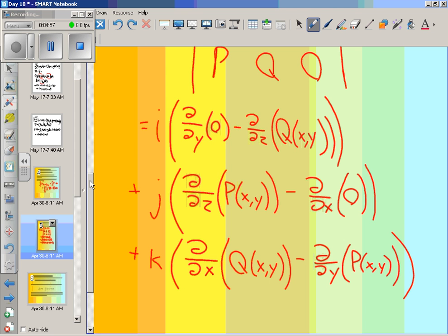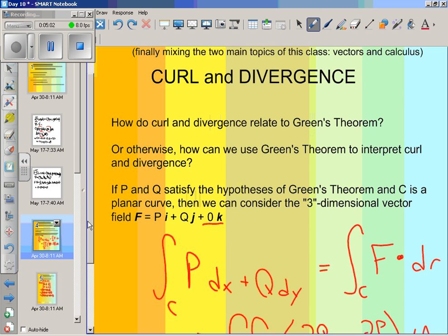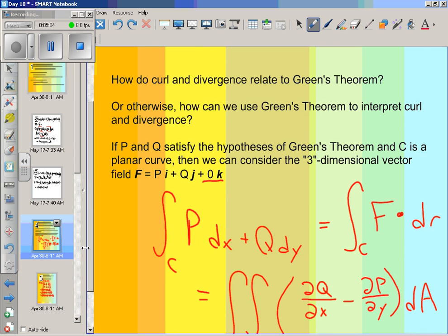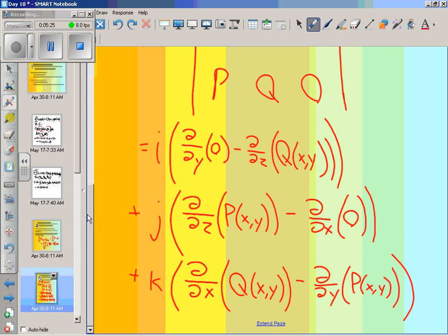Notice that we're assuming P and Q are just in the plane, so P and Q only depend on x and y, because that's part of the assumption of Green's theorem. That's why I use this notation here. It's just like with the warm-up: if we take the derivative with respect to z of a function of x and y, that's just going to be 0.